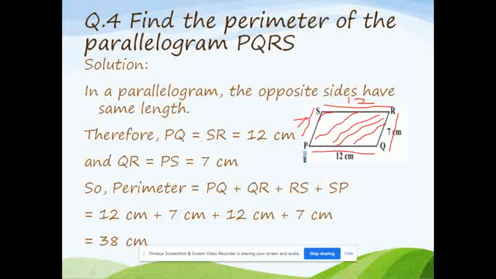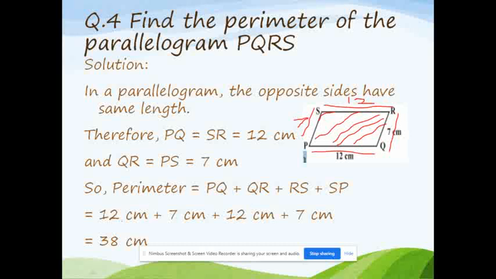Here we have PQ is equal to SR is equal to 12 centimeter and QR is equal to PS is equal to 7 centimeter, which is given in the question. So perimeter is equal to PQ plus QR plus RS plus SP, which means the sum of all the sides of the given parallelogram.